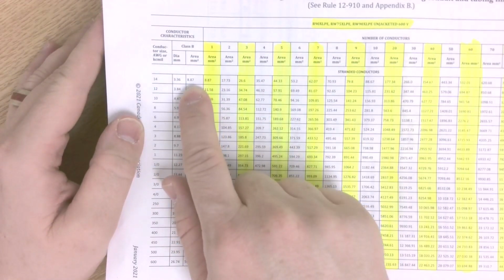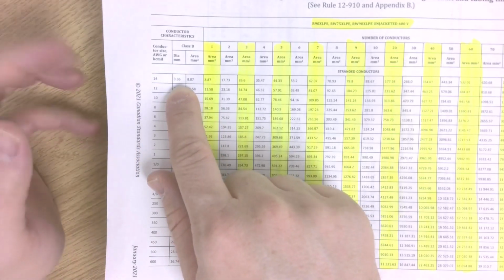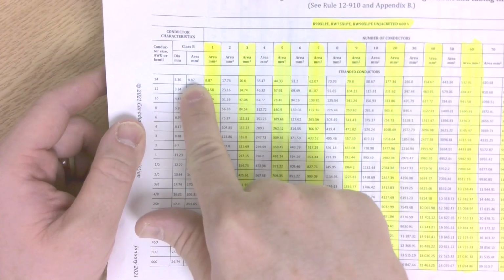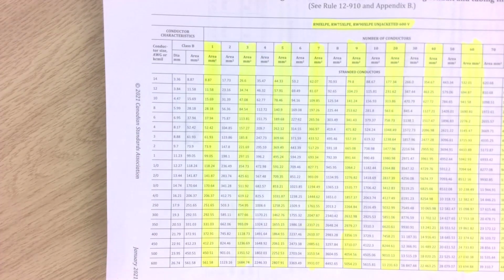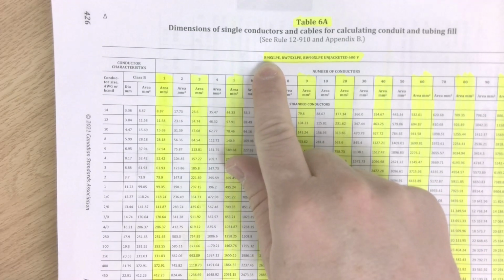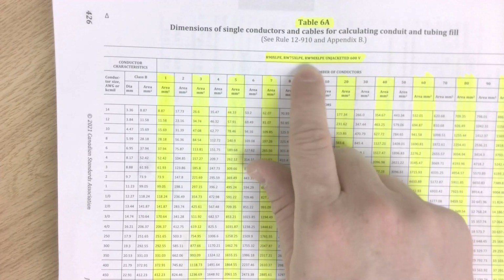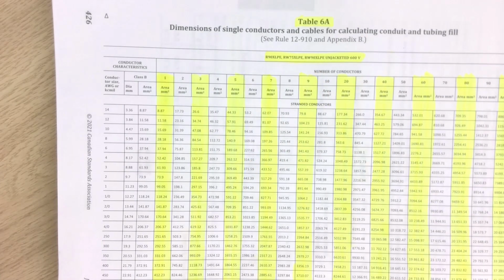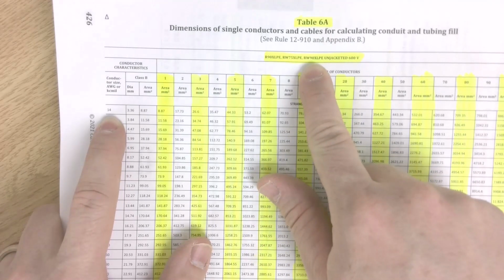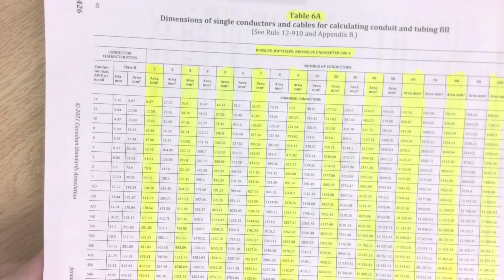So diameter is nice, sure, it's there if I need it. That's swell. But we're going to be dealing with area because we want to know how many of these, for example, R90 might be the other word they use for these types of wires. Sometimes they drop the XLPE. So I'm trying to figure out how many 14 gauge RW90 conductors fit in a certain size and type of conduit.